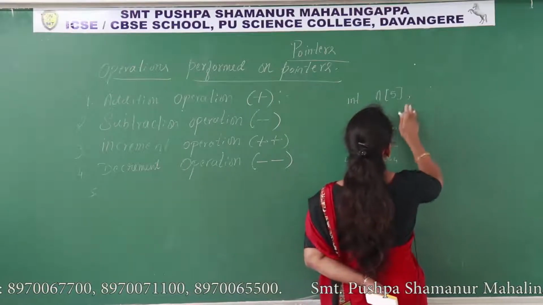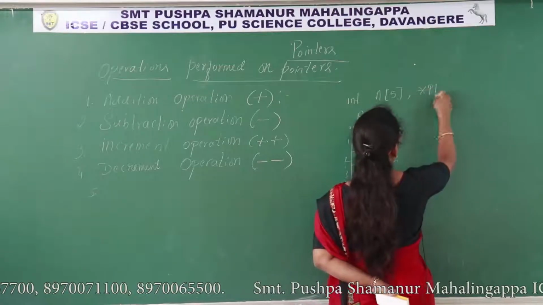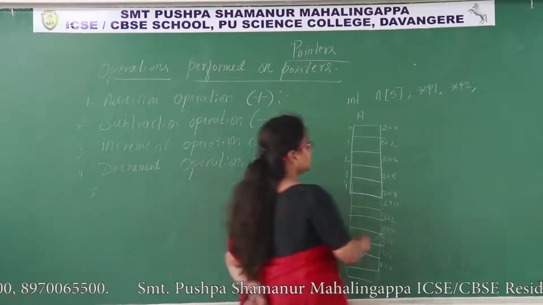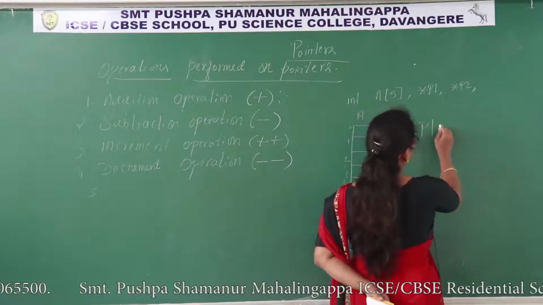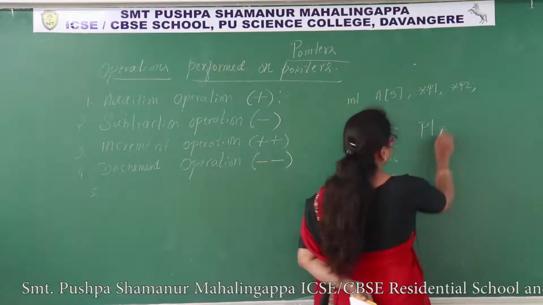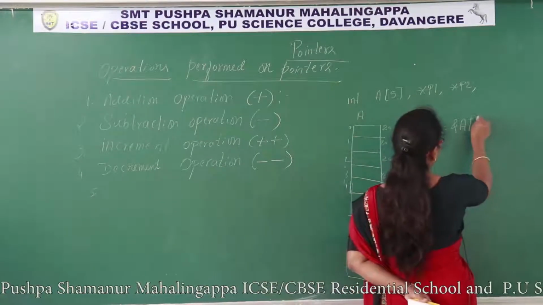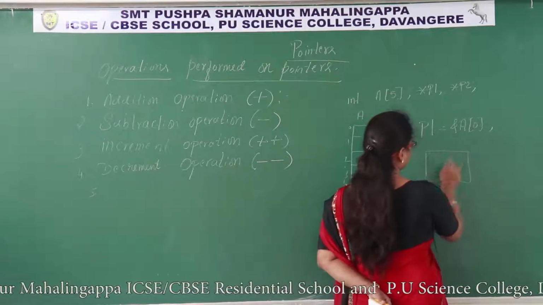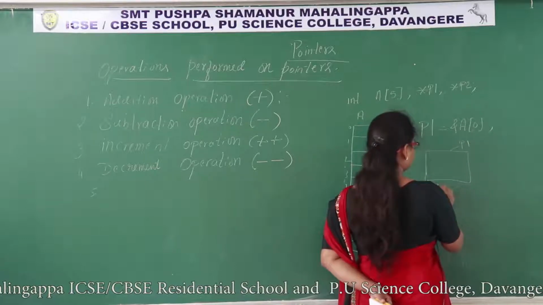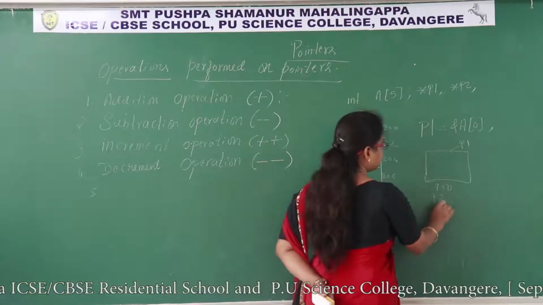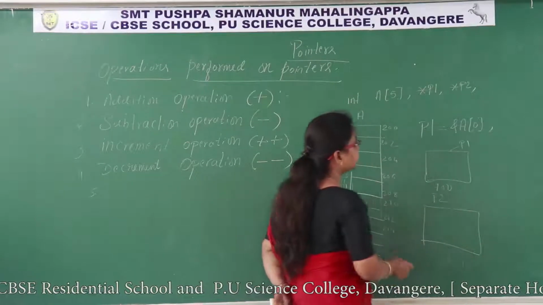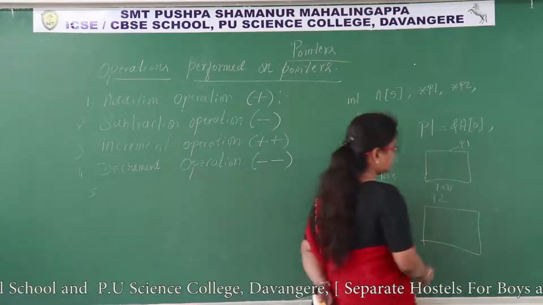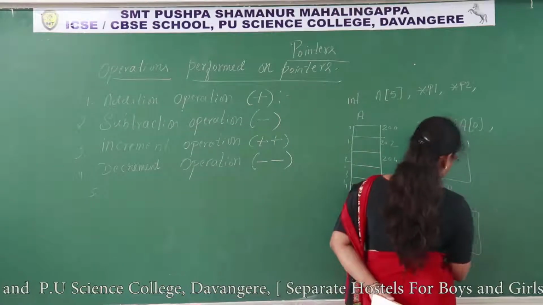If I consider pointers P1 and P2, now I'll initialize the address of the first memory location to this pointer, ampersand A of 0. So now P1 contains the address of the first memory location, and I'll consider the address of P1 as 700. Here P2, I have taken two pointers and these two pointers are pointing to the same array. 600 I'll take here.